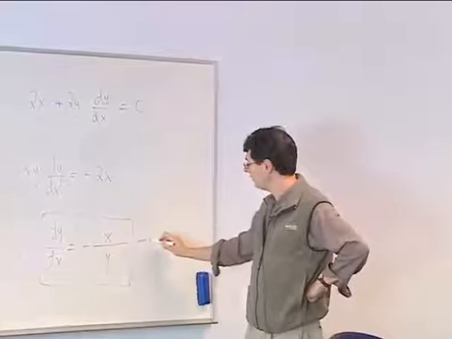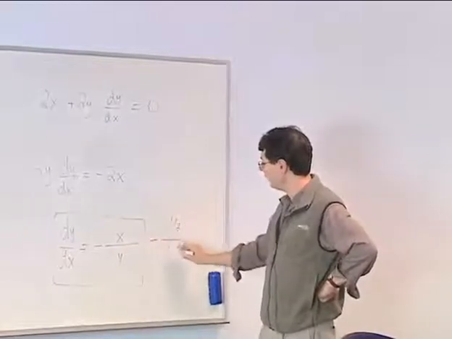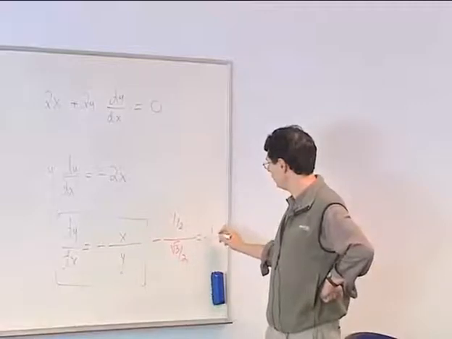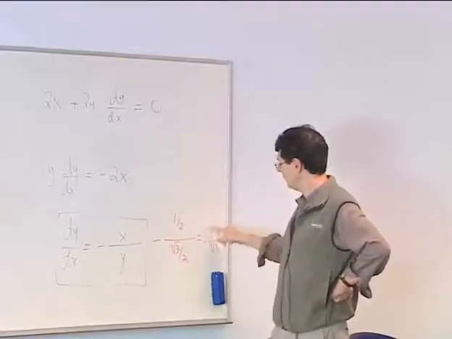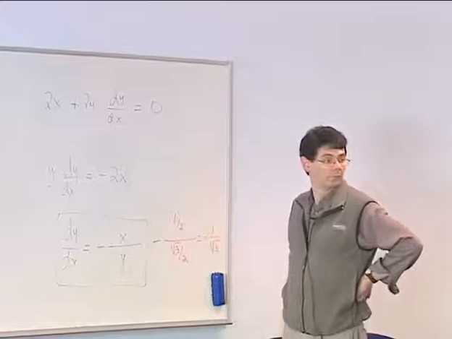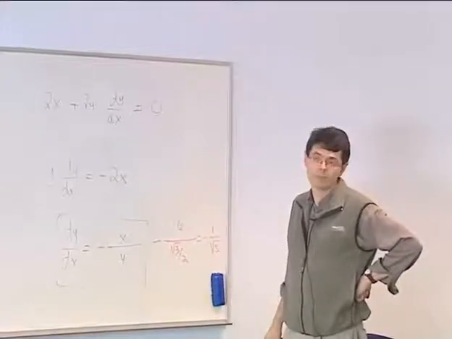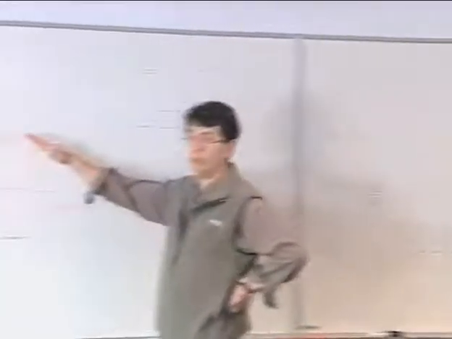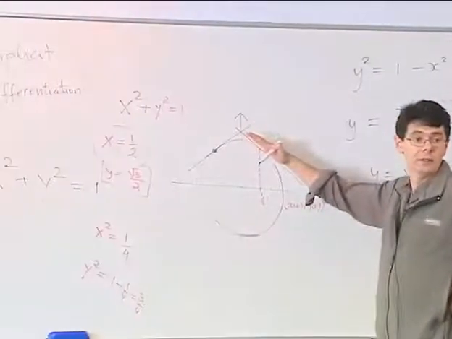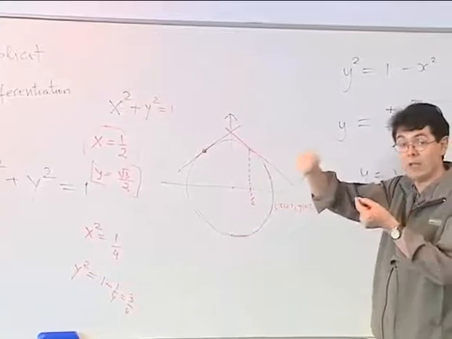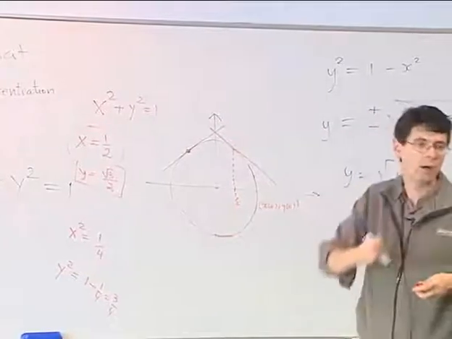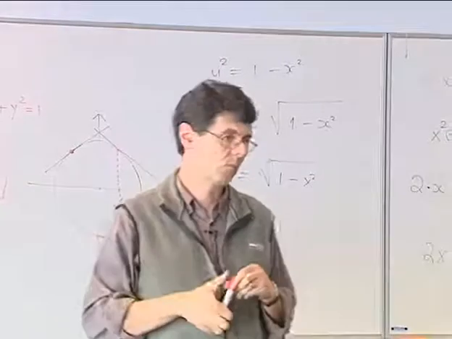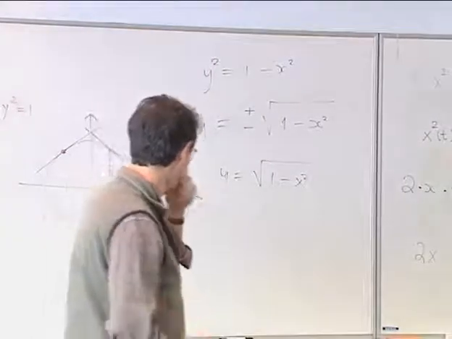It's negative 1/2 over square root of 3 over 2. So it's negative 1 over square root of 3. You can tell it's negative because it's sloping down. The precise value, negative 1 over root 3, you get in the calculator.